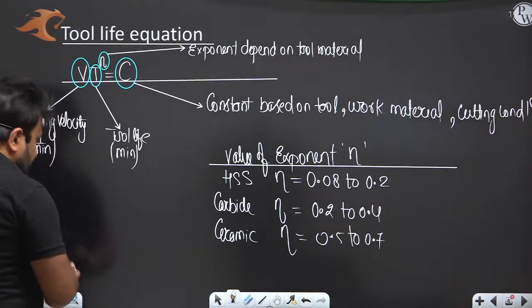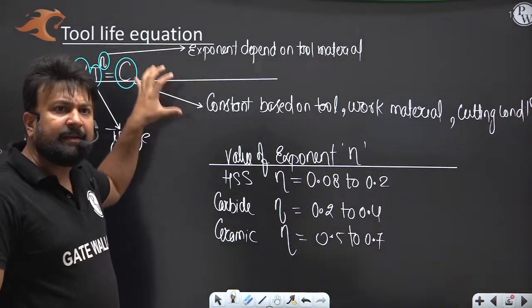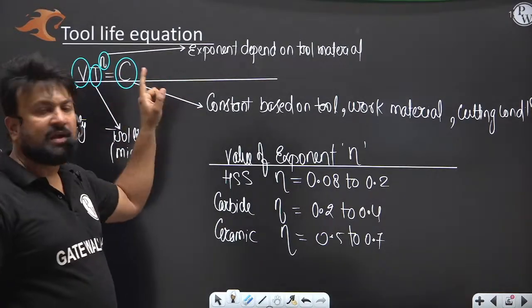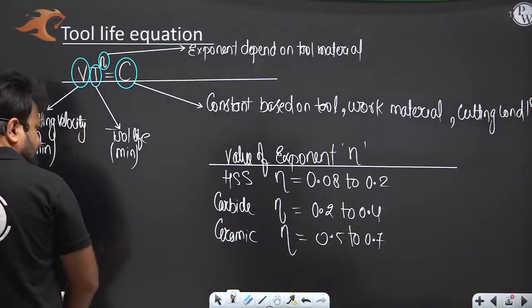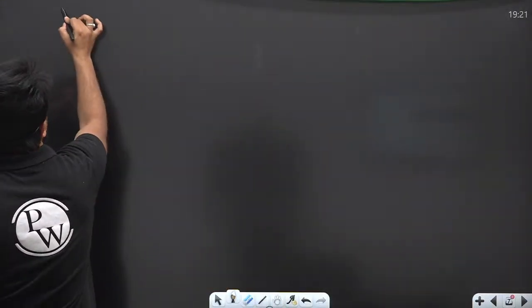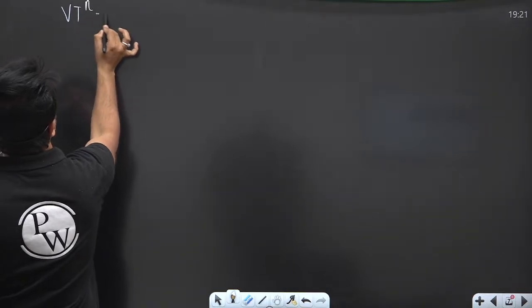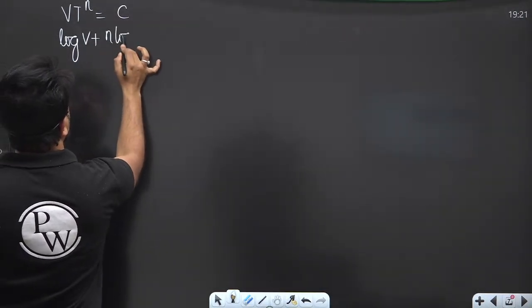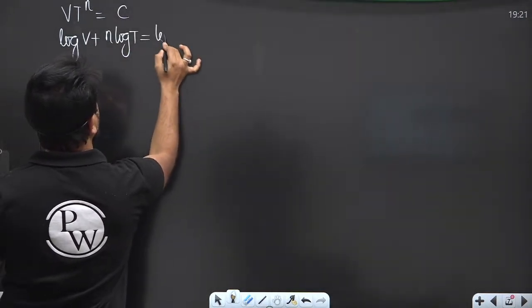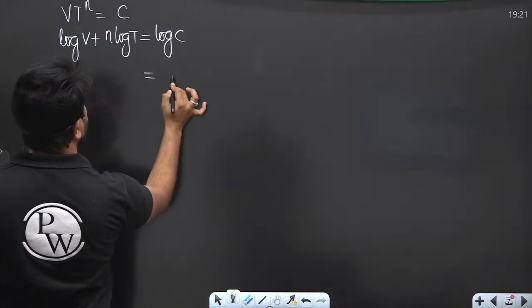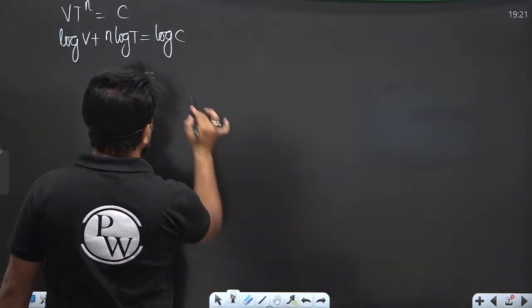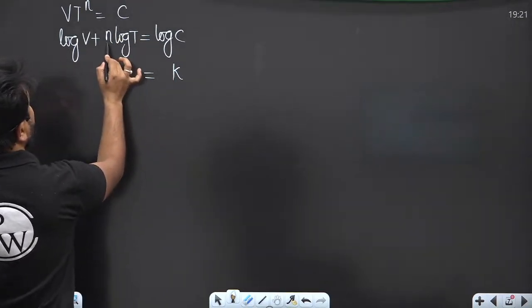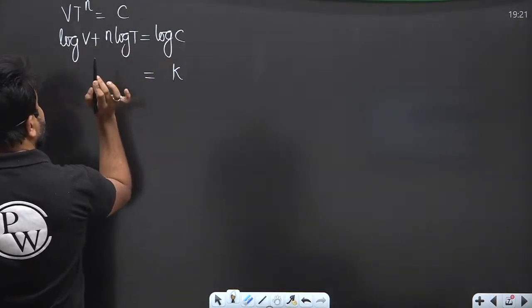My dear, you have to understand one more very important relation in the tool life equation. Let me write down here. As we know, V T to the power n equal to C, take log on both sides. So log V plus n log T equal to log C, as usual it is a constant, let's say k. n is constant.